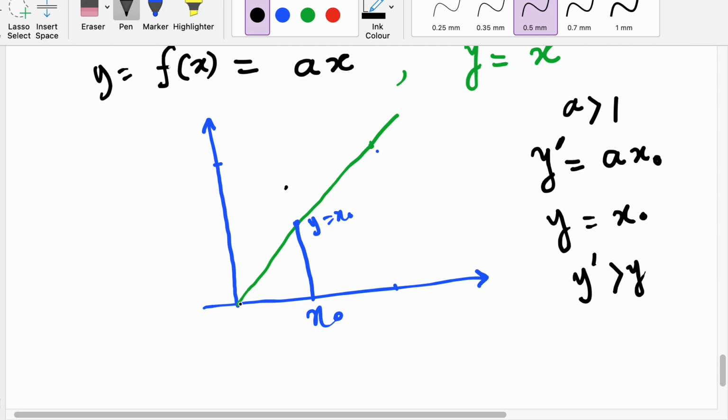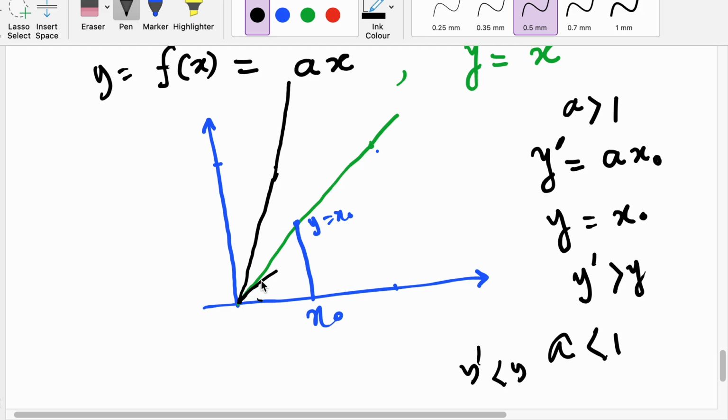Then the curve will look like this. And if a is less than 1, then obviously y prime will be less than y, and the curve will look like this.